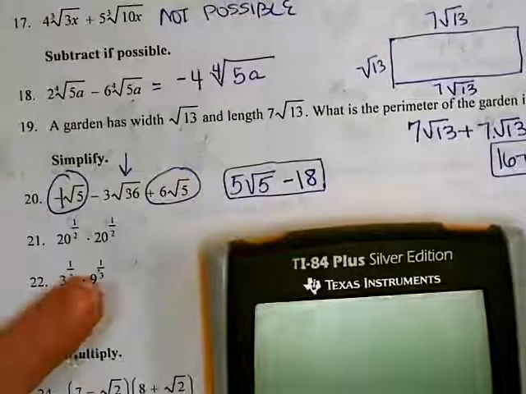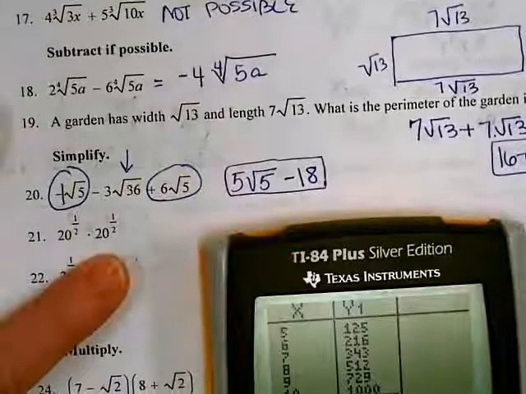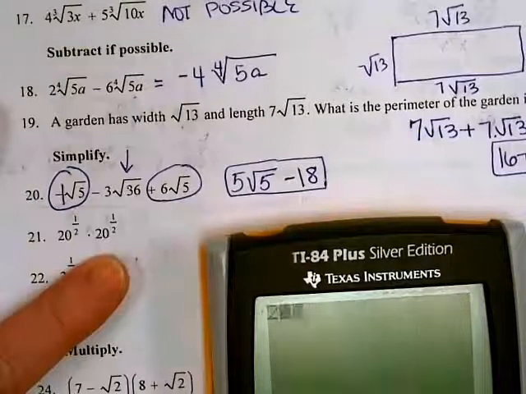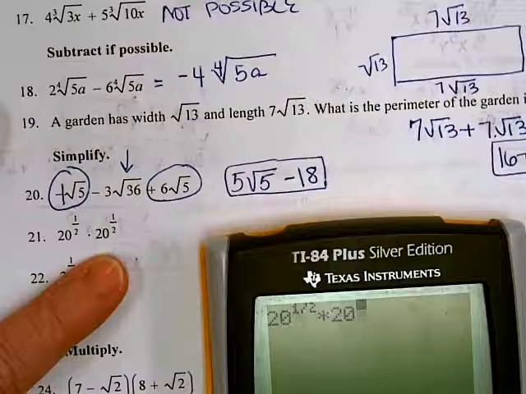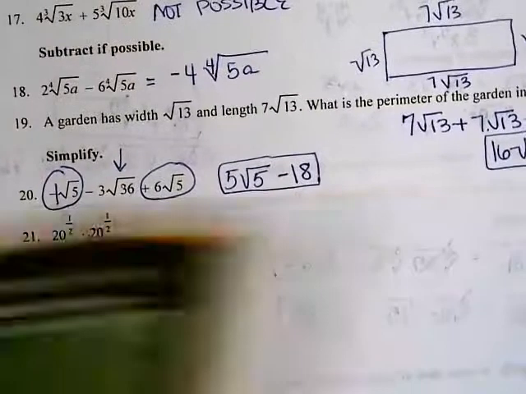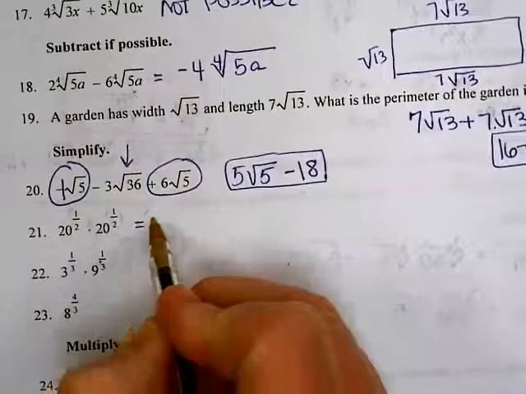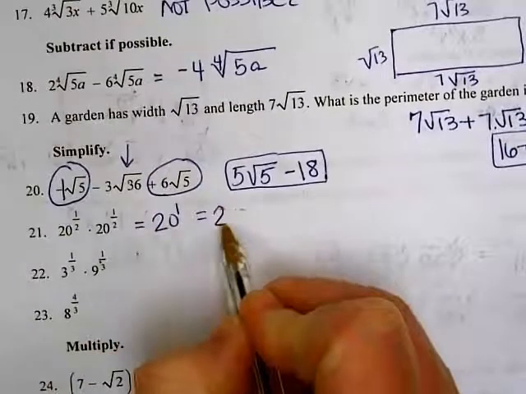Okay, number 21. You can probably just put that one in your calculator. 20 to the 1/2 power times 20 to the 1/2 power. It's 20. You're going to add those exponents together. 1/2 and 1/2 is 1. So my answer here is 20.